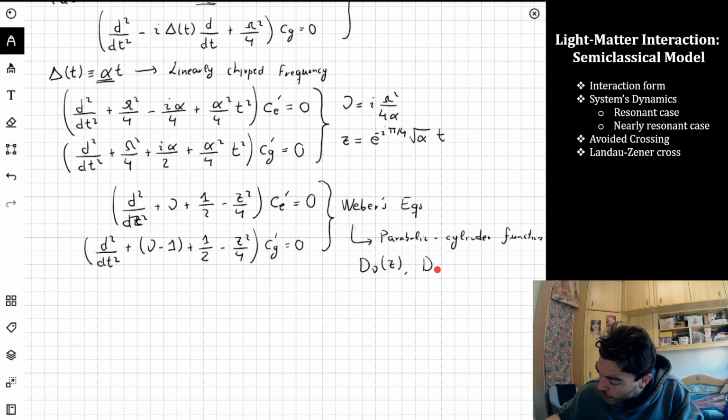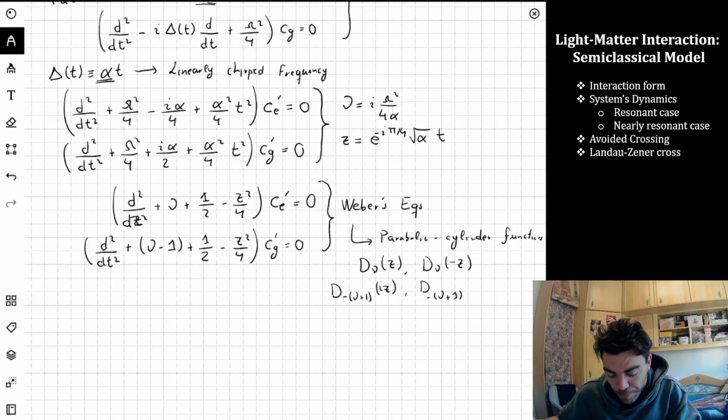We will also have D nu of minus z. This would be the solutions for the c prime. And then we will have D of minus nu plus 1 of iz, and D of minus nu plus 1 of minus iz.